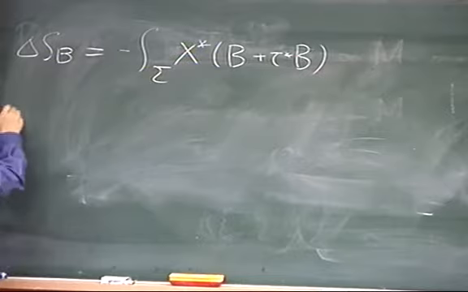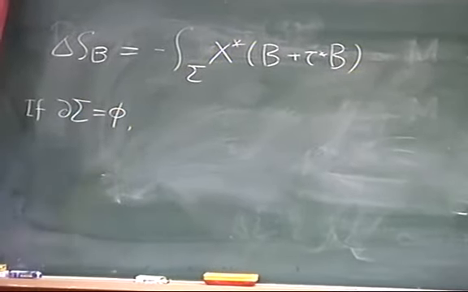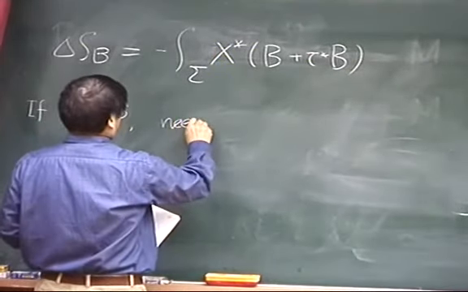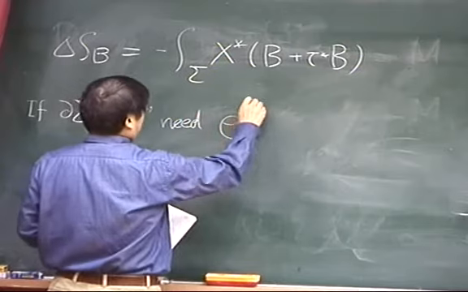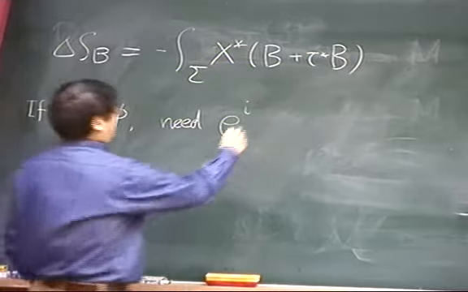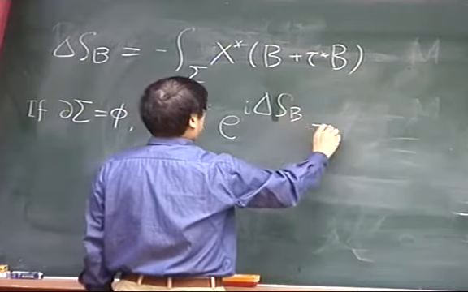Suppose you consider a worldsheet without a boundary. Then what you need is that this action enters into the path integral weight in our language, and we don't want this to change, so this is equal to 1.